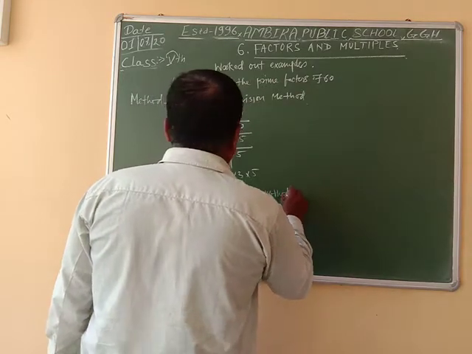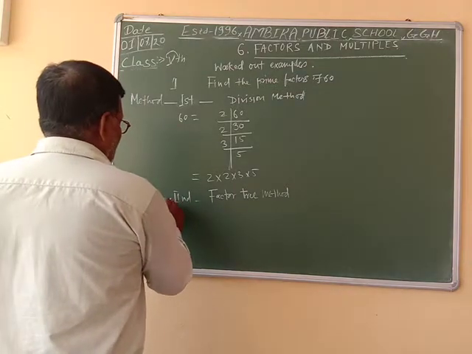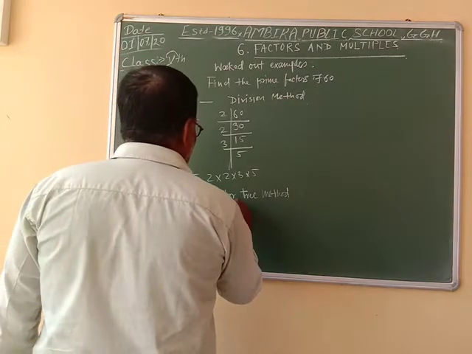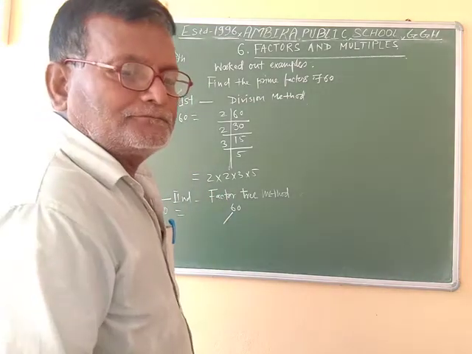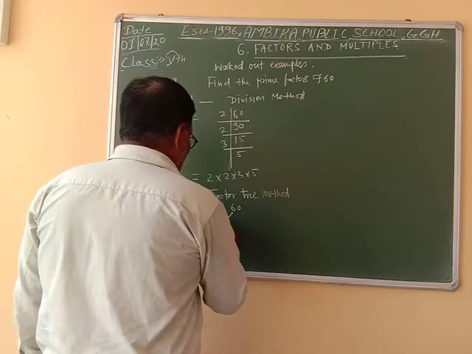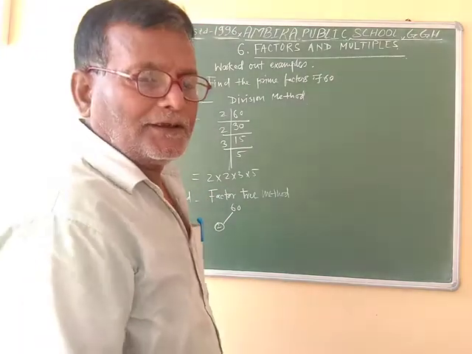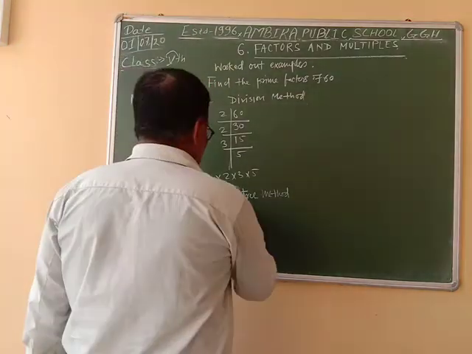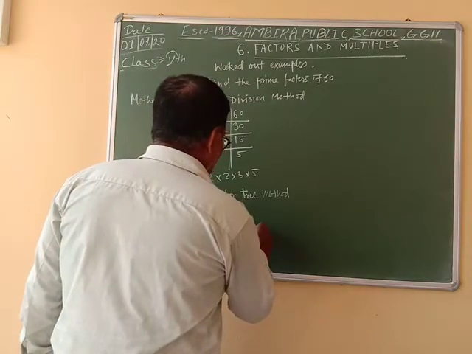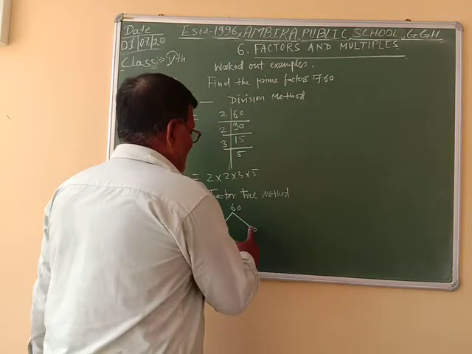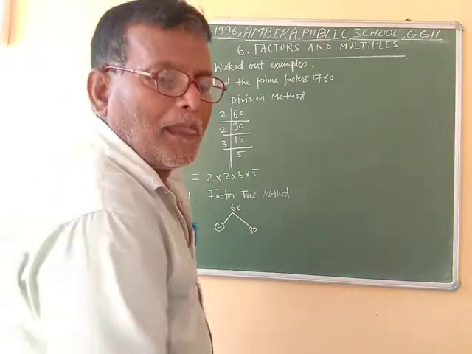In this method, we write 60 and divide by 2, because 60 is divisible by 2. Write the quotient, 30, on the other side. Write the symbol of multiplication.